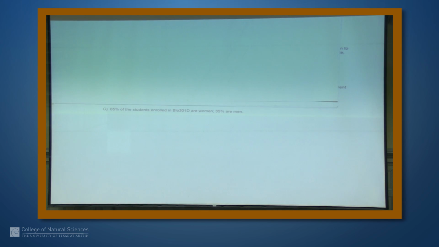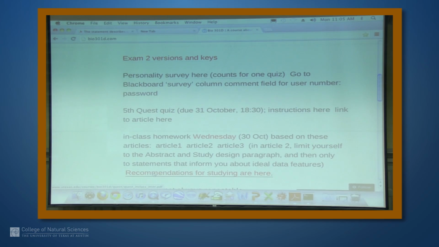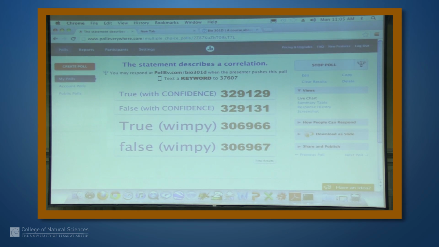Focus on that. Now we'll let you choose, and I've now expanded your choices, because I want to get a sense of how confident you are in your answer here. And there were some interesting things last hour. I've already erased them.